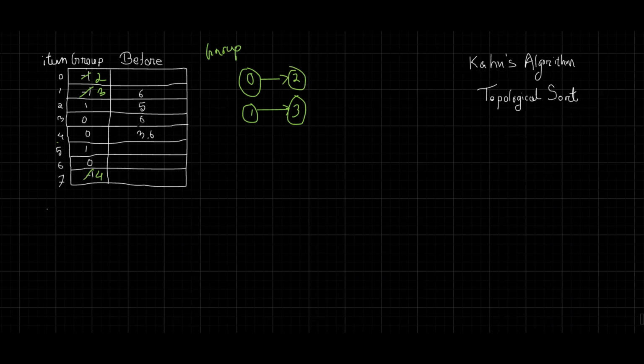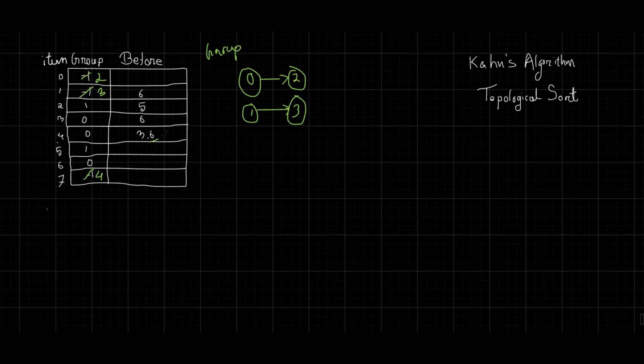Now for this 3 and 0, what is the group of 3? It is 0. And what is the group of 0? It is 2. So there is a connection between 0 and 2. So it is already presented, so we don't have to do anything here.